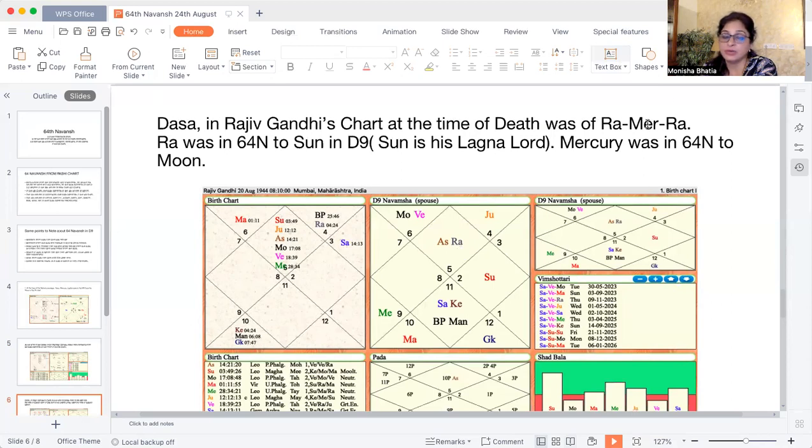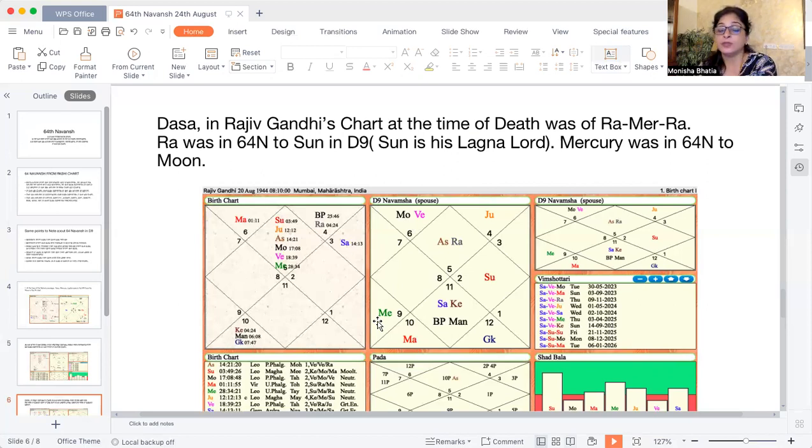Then was the Mercury Antardasha. So friends, in the Dasha system, the Antardasha is always very, very important. So Mercury in the Antardasha was in the 64th Navamsha to the moon. If you see moon, it is in Virgo, and Sagittarius is the 64th Navamsha to moon, where Mercury was sitting.